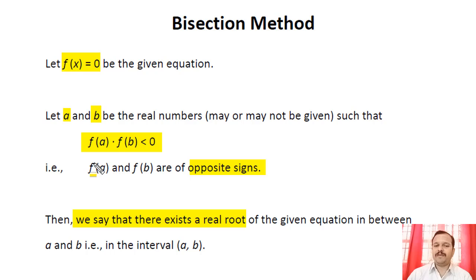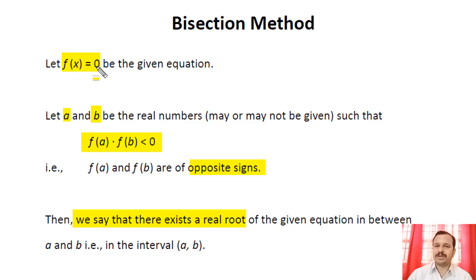When we find two numbers a and b in such a way that the values of f at those two points are of opposite signs, that is, f of a into f of b is negative, then we say that there exists a real root of the given equation. What is the given equation? f of x equal to 0.